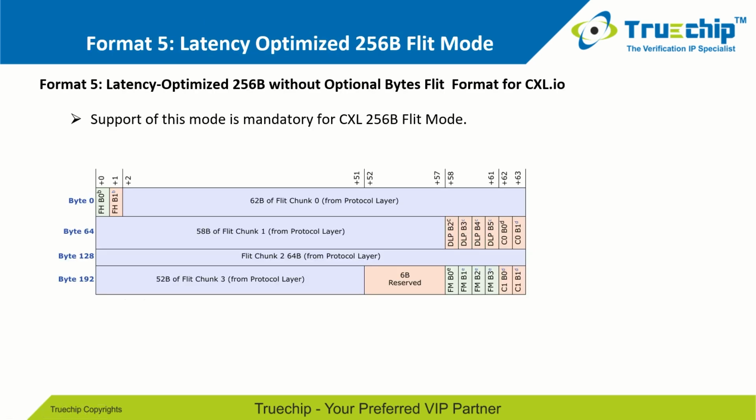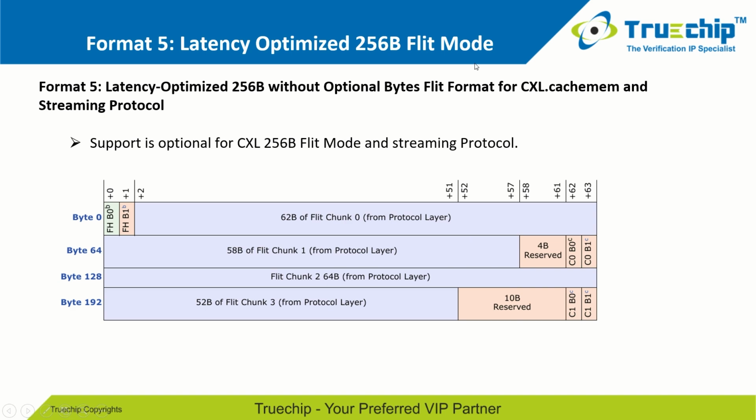The next format is called latency optimized 256-byte Flit mode, and this is without optional bytes, and it is supported for CXL.io. Now the same format is also supported for CXL cache mem and streaming protocol with a different format.